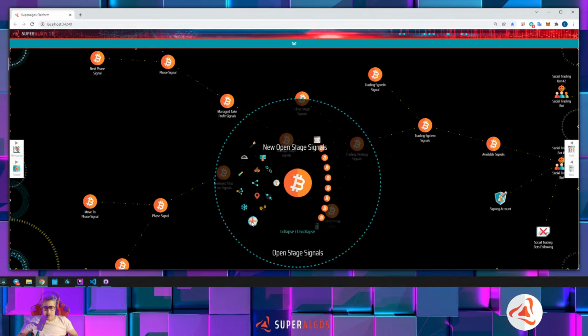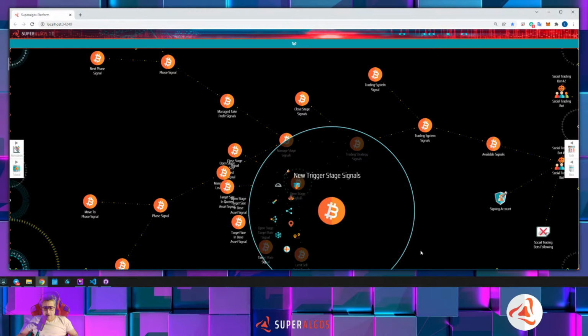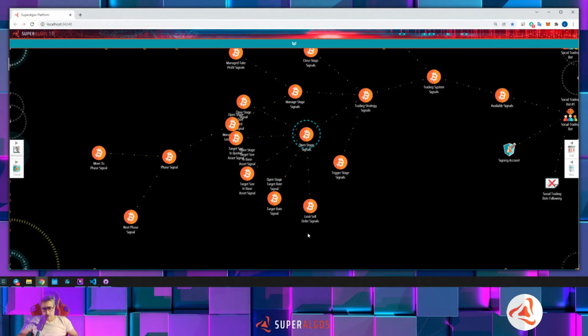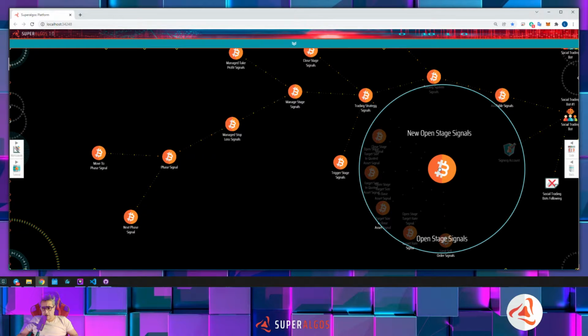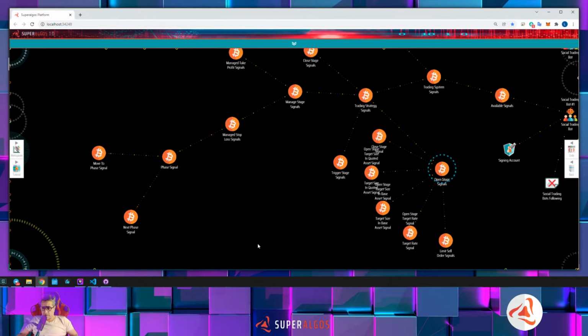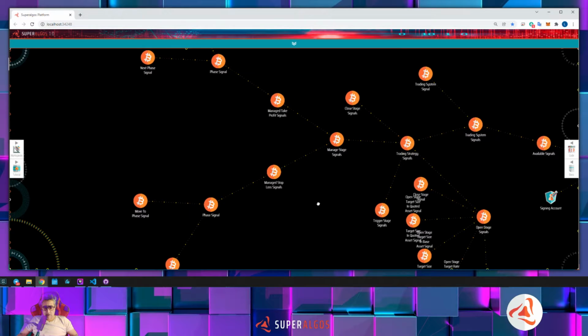So it looks like trigger stage is covered: limit sell orders, target rate, target size. Target size in quote asset, target size in... okay, it looks like the manage stage is not covered there somehow.